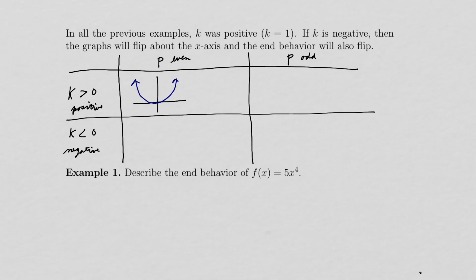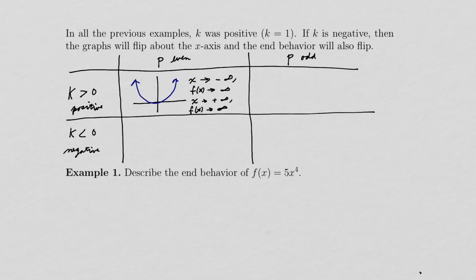Okay, so basically as x goes to negative infinity, the function goes to infinity. And as x goes to positive infinity, the function also goes to infinity. Right, so that's what we talked about earlier.